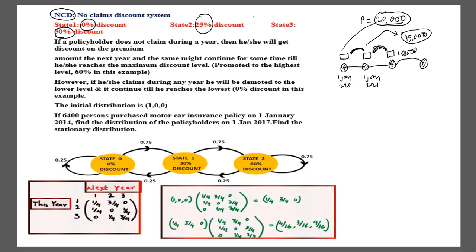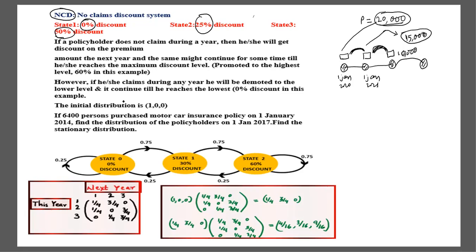Let's go through the question once. If a policyholder doesn't claim during a year, then he or she will get a discount on the premium amount next year, and the same might continue for some time till he or she reaches the maximum discount level, promoted to the highest level, 60% in the example.